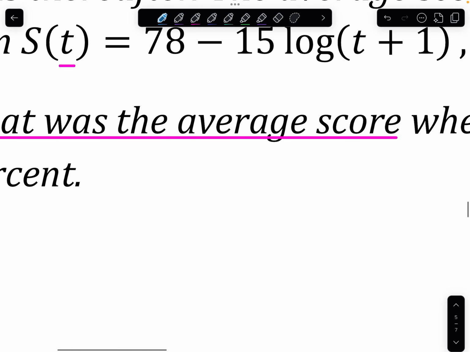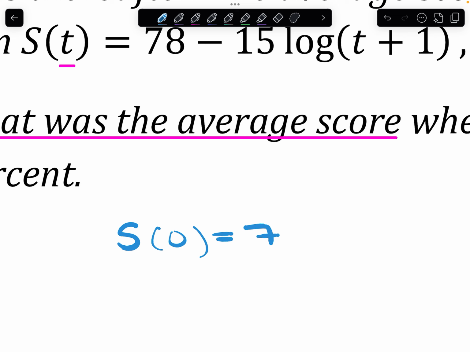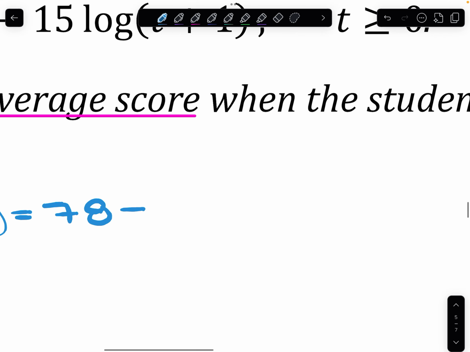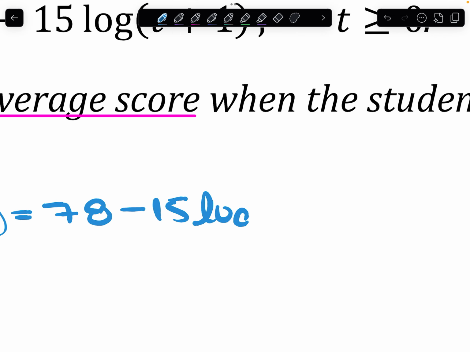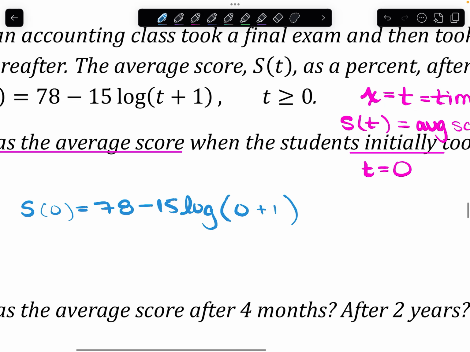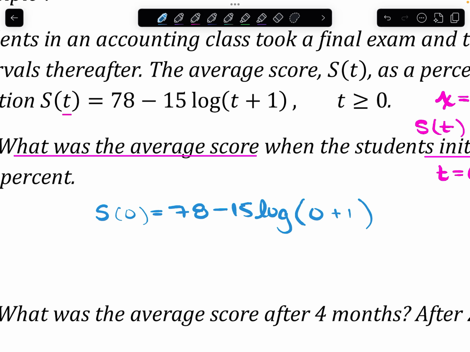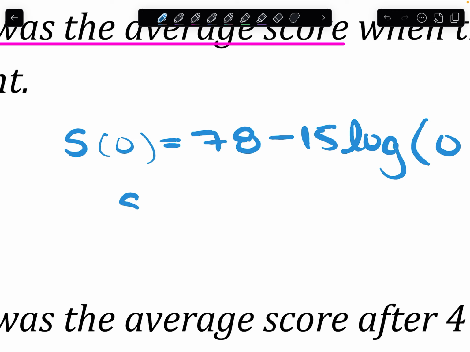All right. So S of 0 is 78 minus 15 times the log of 0 plus 1. And then we go to our calculator and we carefully type that in and we get the nice pretty number 78.